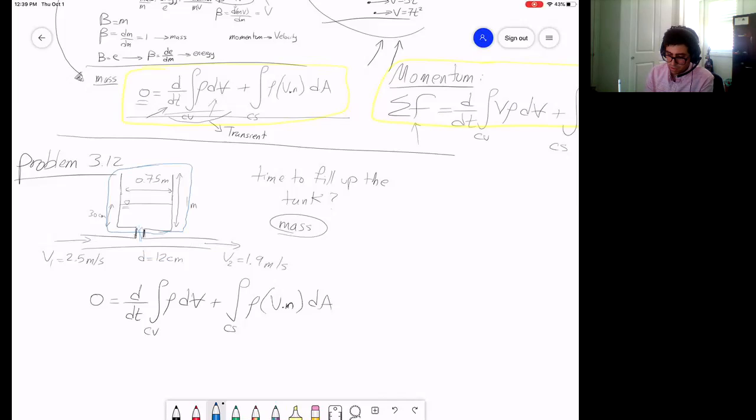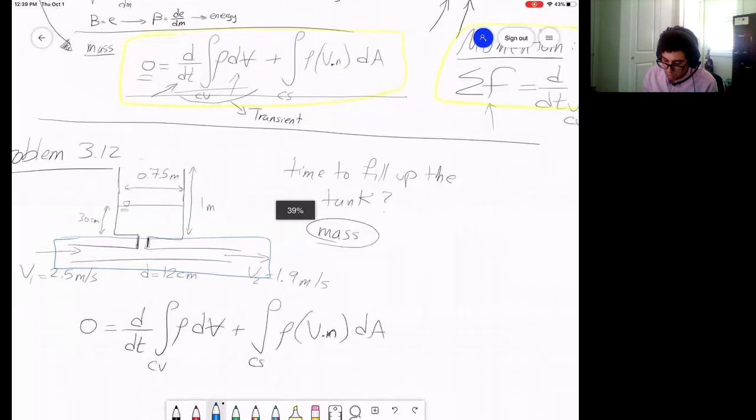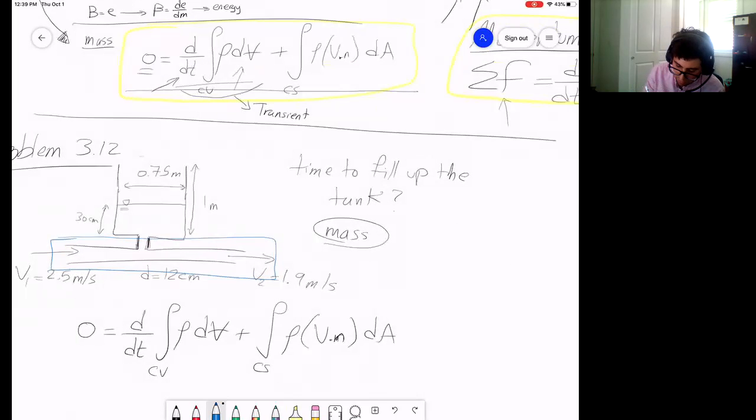That's why it's better to draw the control volume like this. That's your control volume. Let me zoom in. You have velocity coming in, velocity coming out, and you can solve for this one coming out of the control volume. Okay, that makes more sense now.